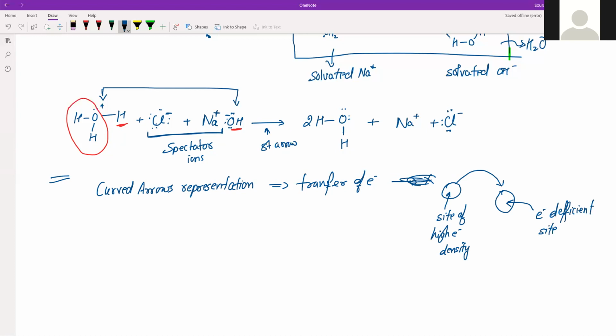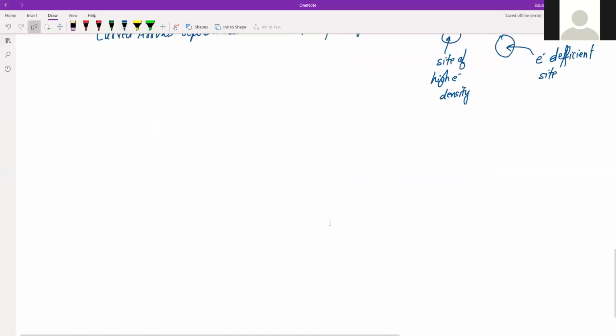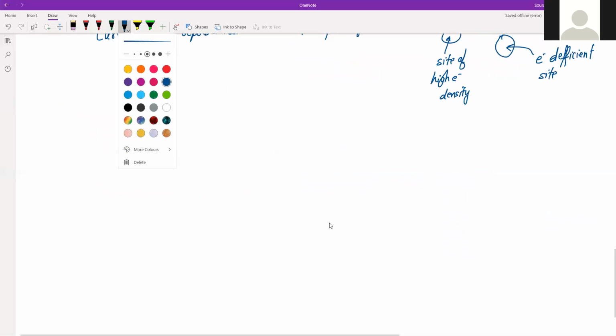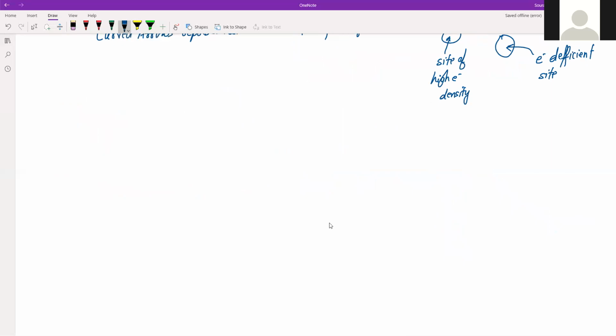So electrons will always move from a site of high electron density to that of low electron density, and that's how we are going to represent all these reactions. So this representation is a must. If we understand this, then only can we correctly write the reaction mechanisms, and we can see that this will be useful even in understanding resonance.